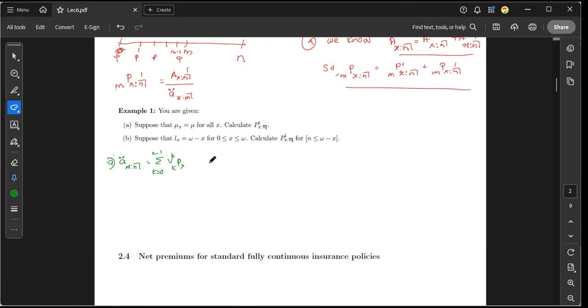This is the $1 annuity due of temporary life. And we know that if we have a constant force of mortality, the survival probability is e to the power of negative mu times k.